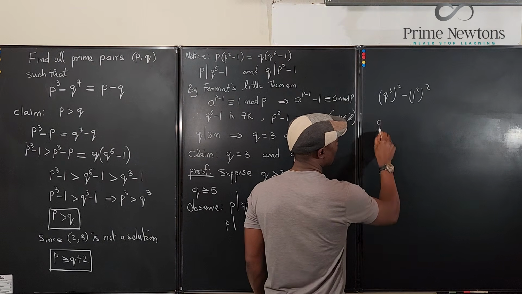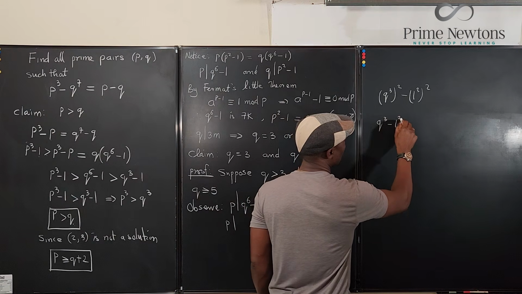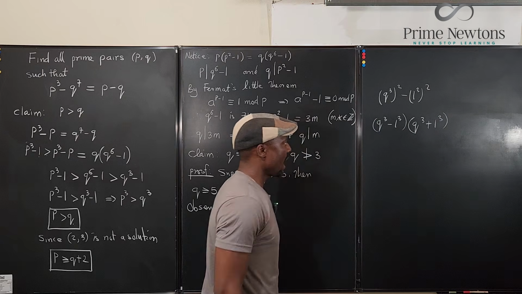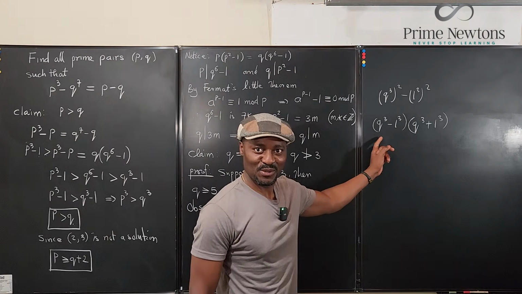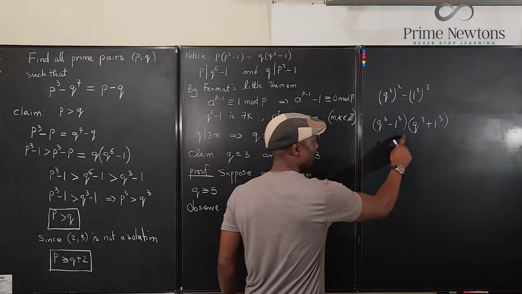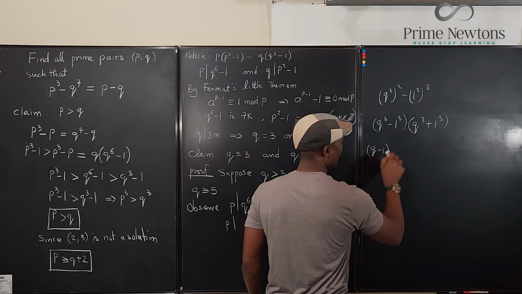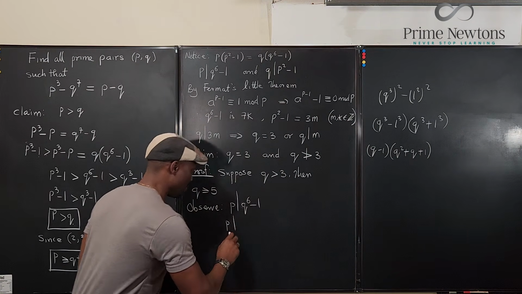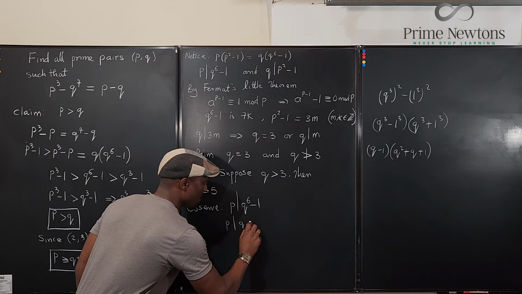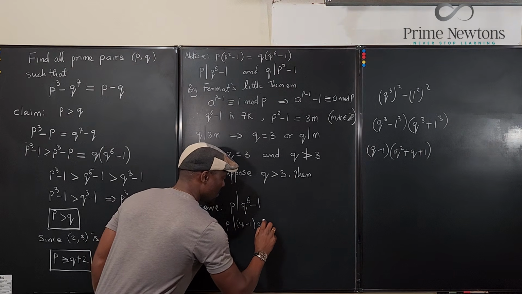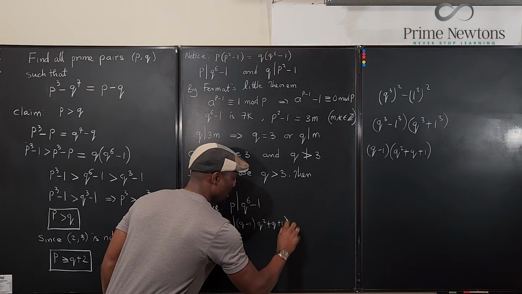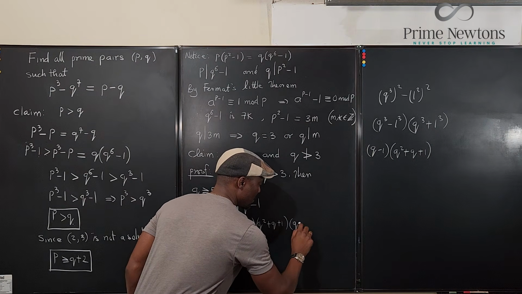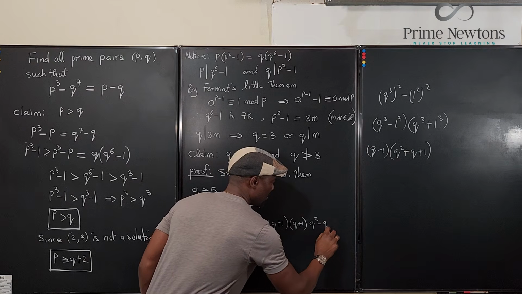So we can have it to be q cubed minus 1 cubed, q cubed plus 1 cubed. And we can treat this as the difference of two cubes and sum of two cubes. This factored out will be q minus 1 times q squared plus q plus 1. That's the factored form. So p must divide q minus 1, q squared plus q plus 1. When we factor this one, we're going to get q plus 1, q squared minus q plus 1.